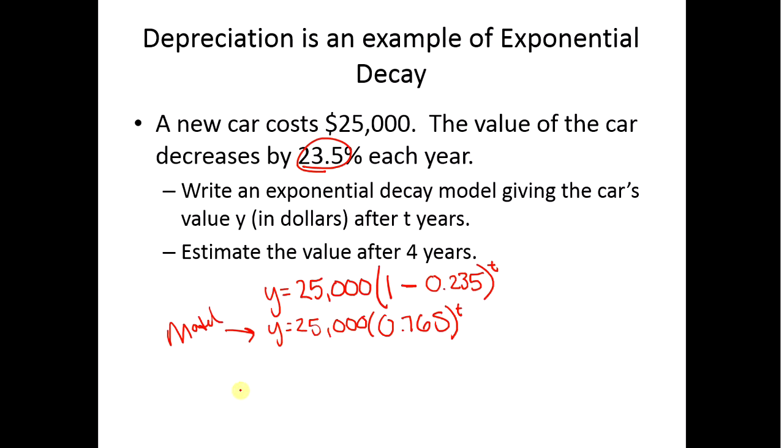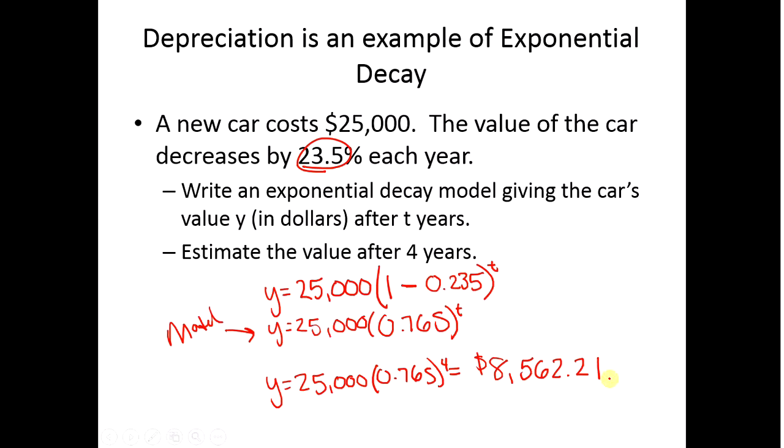Now I need to estimate the value after 4 years. So we're going to plug a 4 in for t. I'm going to get 25,000 times 0.765 to the 4th power. If you plug that into your calculator, you will get approximately $8,562.21.